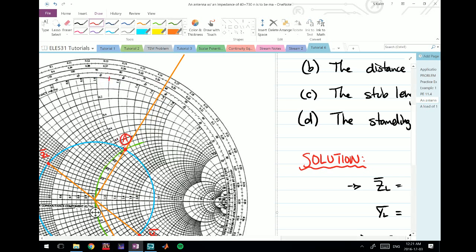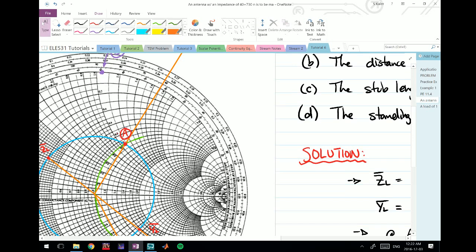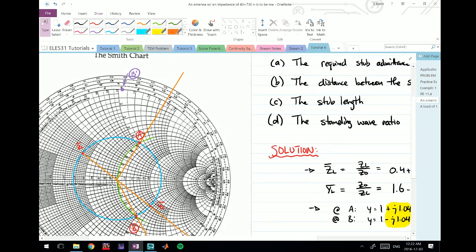If this is 1.1 and this is 1, this is 1.05, so 1.04 would be just about there, a little less than half. I'll do this one in a different color. This might seem a little counterintuitive, but we call this point B prime. The easiest way to remember is that B prime is on the opposite side of B, and A prime is on the opposite side of A.